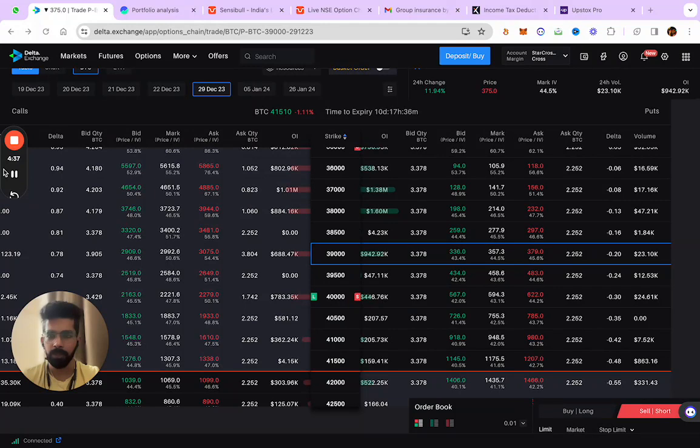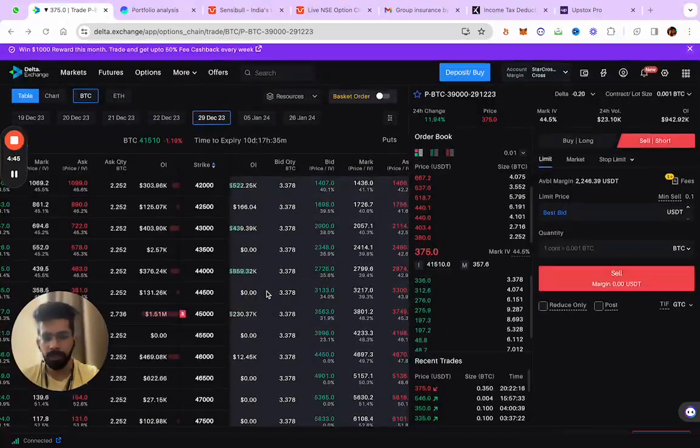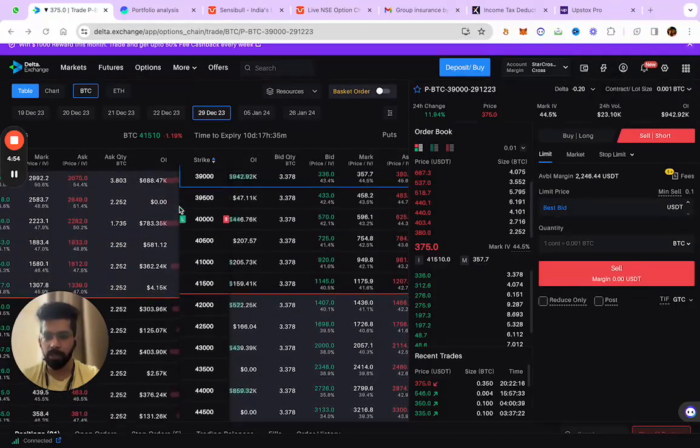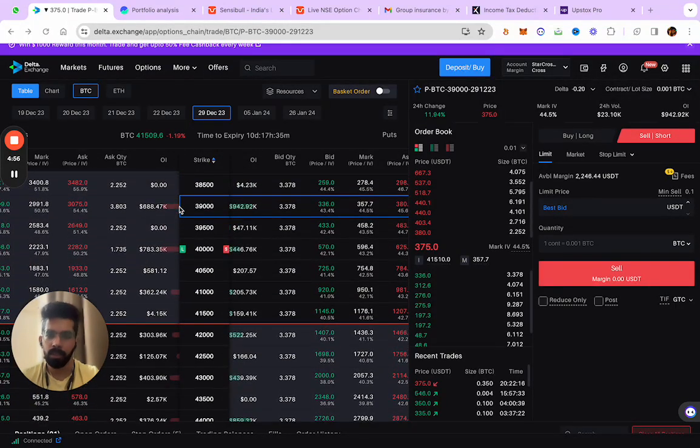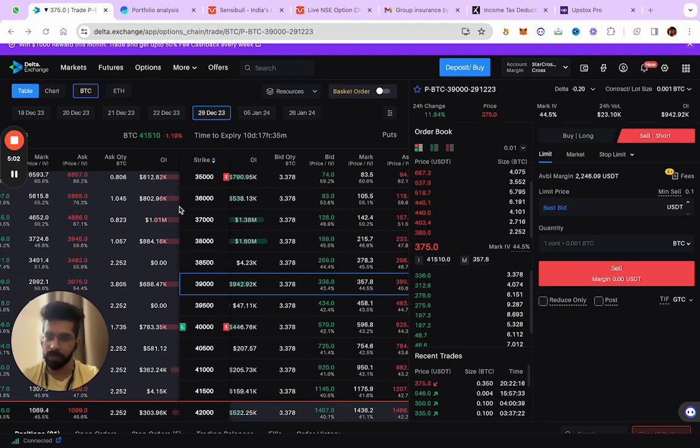On the call side, there is high open interest on the 45,000 strike. Now, in the strikes where the options open interest is very high, it means that traders have created a lot of buy and sell positions on those options. And whenever the price of the asset reaches close to those options, the price is likely to face some sort of resistance or support and not break these levels very easily.